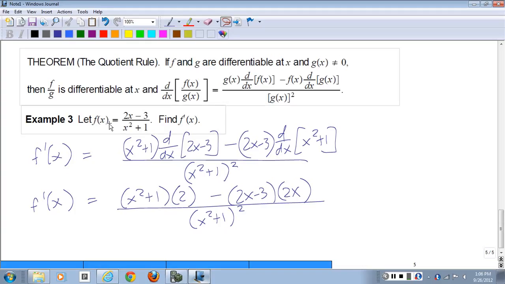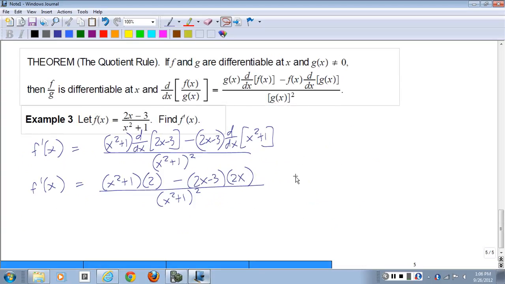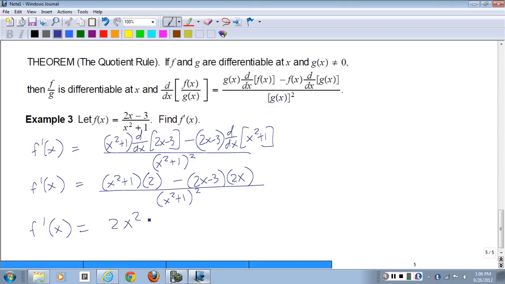Give myself a little bit more room down below and then off to the right-hand side. F prime of x equals 2x squared plus 2 minus, a little tricky here, but we can handle this. It's minus whatever 2x times 2x is.